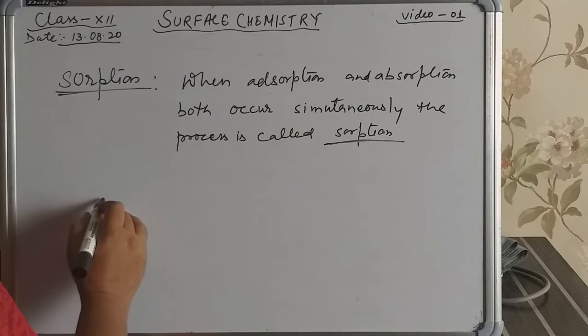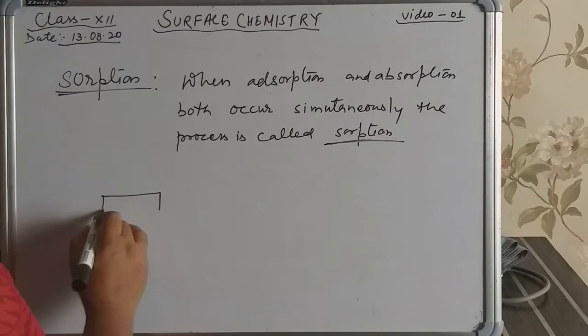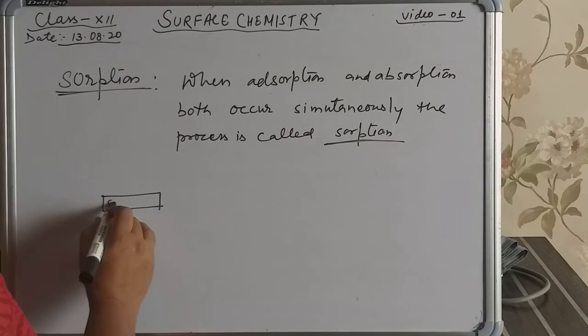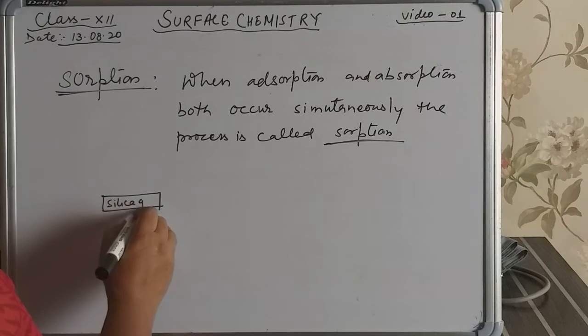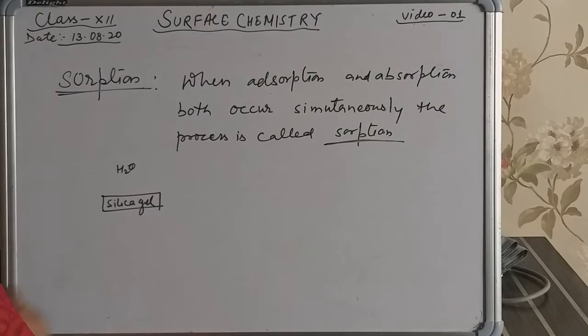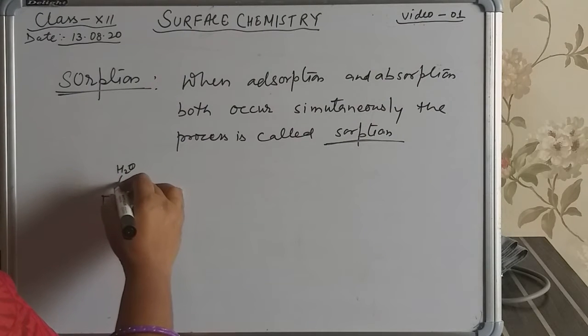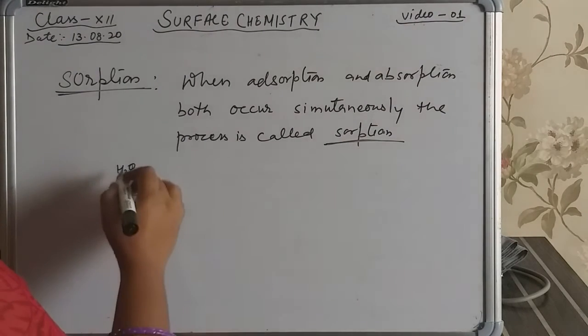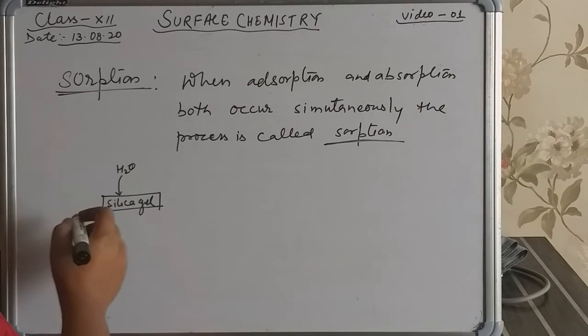For example, suppose we have a substance which is silica gel. We know that it protects from moisture because it adsorbs moisture at its surface.